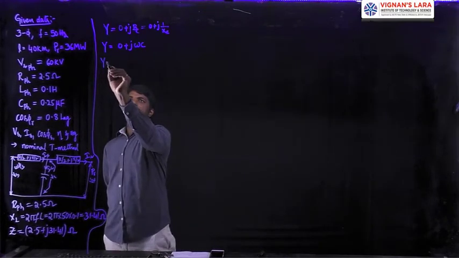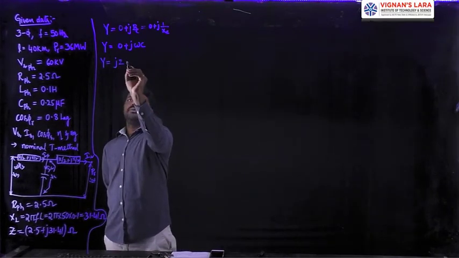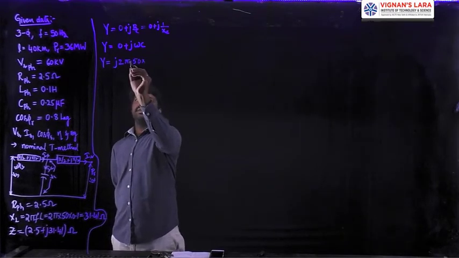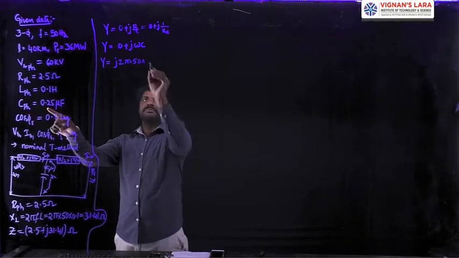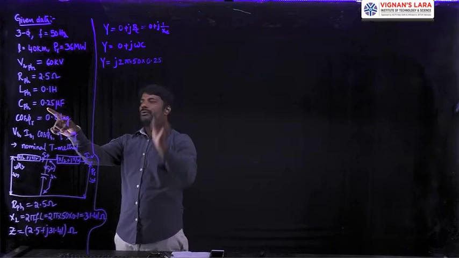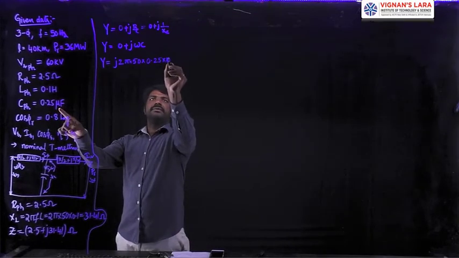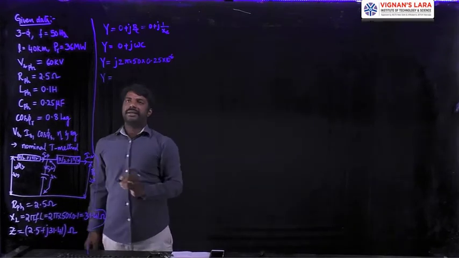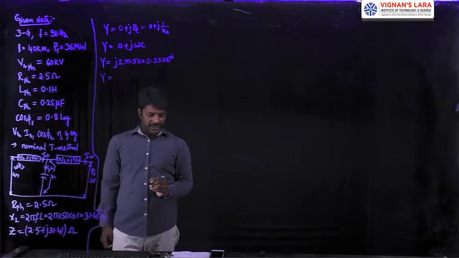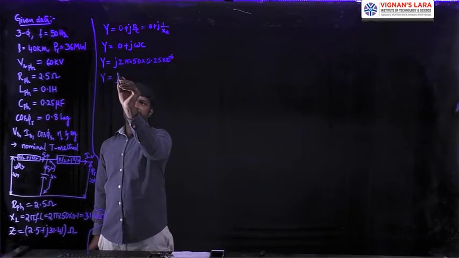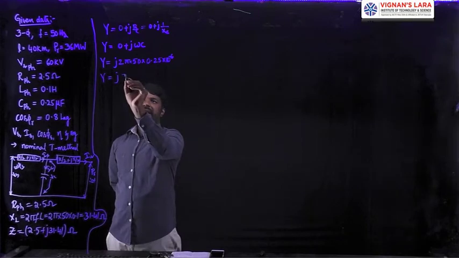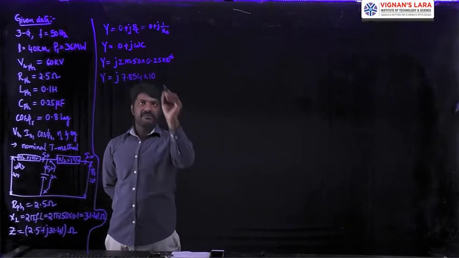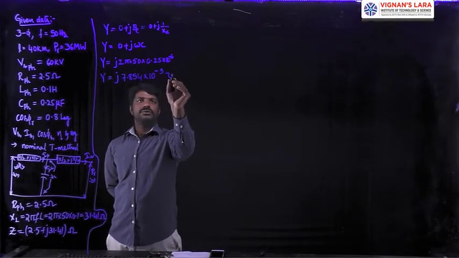Then Y is equal to j 2 pi, frequency is 50 Hz and capacitance value given is, yes, this is the capacitance per phase, 0.25 micro. Micro is 10 power minus 6. Now if you calculate that Y value, its value is equal to j 7.854 into 10 power minus 5 mhos.